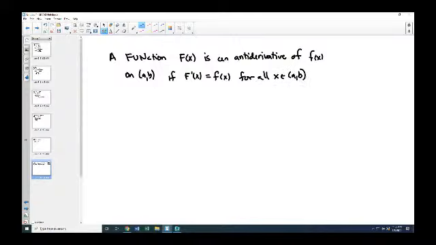So let's just say what we've been doing: you have an antiderivative, and if you derive it, you get the original function.